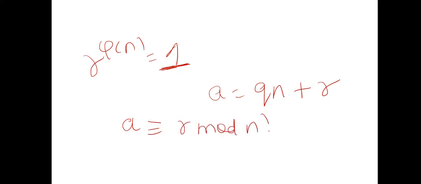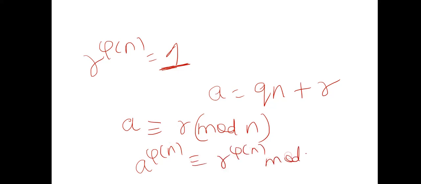That is what we have. So if A is congruent to R mod n, then A to the power of phi of n will be congruent to R to the power of phi of n mod n. What is R to the power of phi of n? It is 1. So A to the power of phi of n is congruent to 1 mod n. We proved A to the power of phi of n is congruent to 1 mod n.